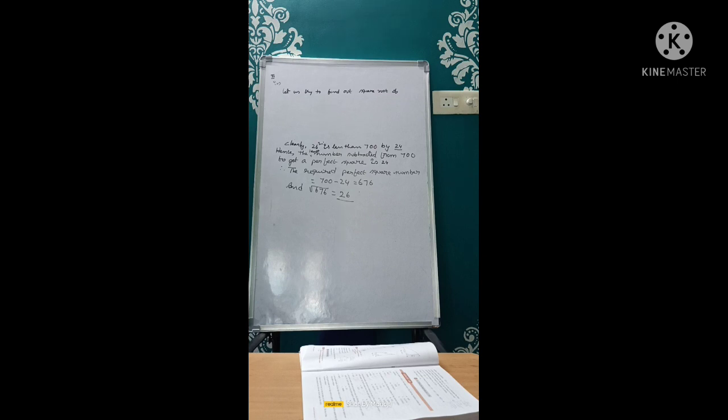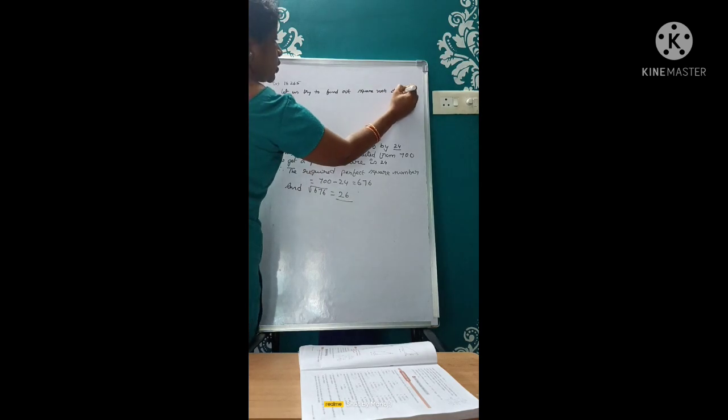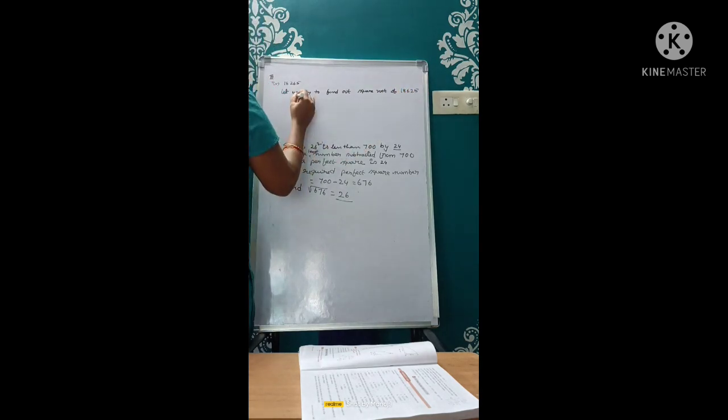Also find the square root of the perfect square so obtained. In question number 4, the given number is 18,265. Let us try to find the square root of 18,265.